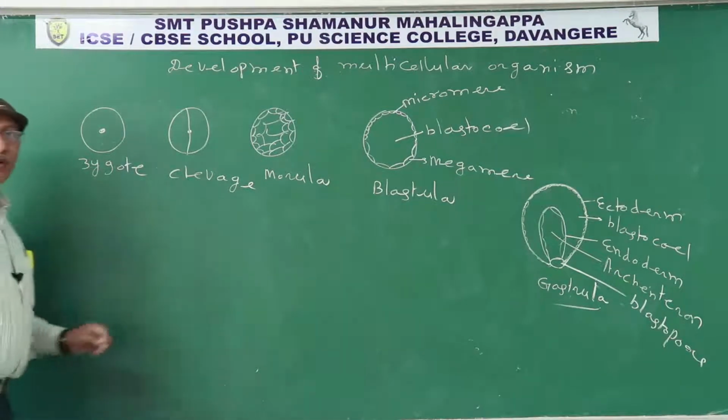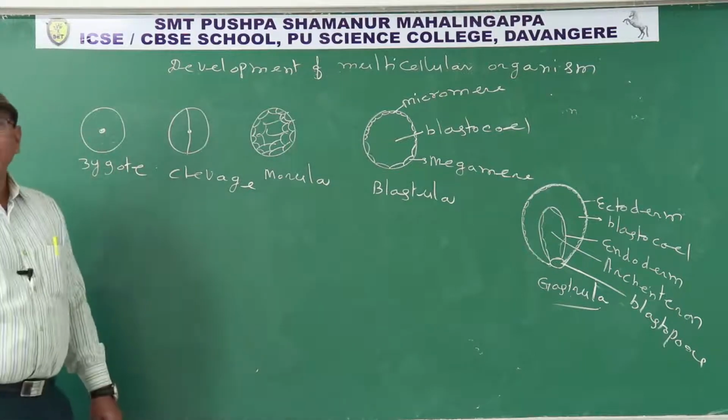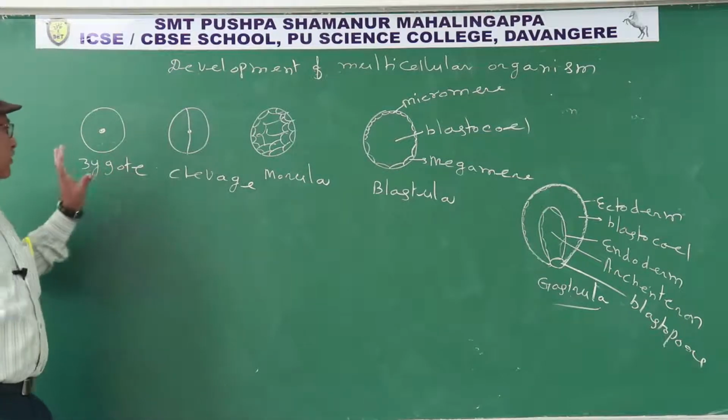So, development of a multicellular organism begins with the zygote.